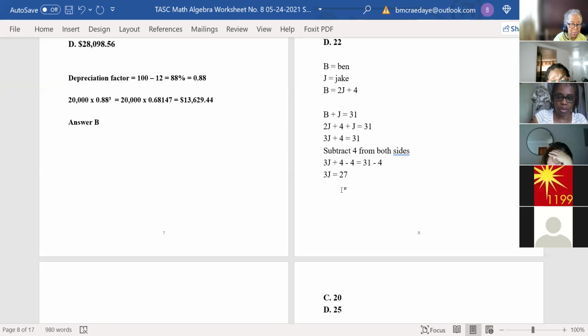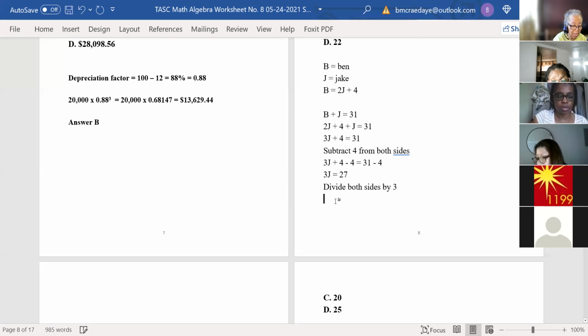And how do you solve for J? So I'm solving for J now. We're dividing, right? Yeah, divide, because 3J is multiplication. So we divide both sides by 3, right?